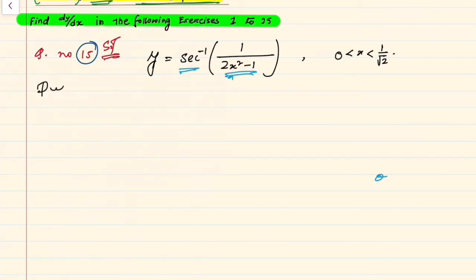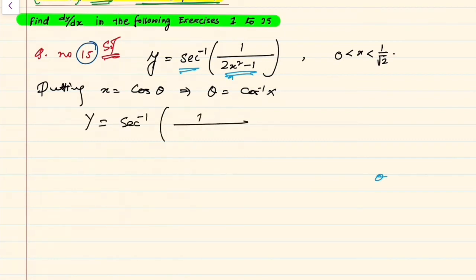Putting x is equal to cos theta, which implies theta is equal to cos inverse x. So y is equal to sec inverse of 1 by (2 cos square theta minus 1), that is sec inverse of 1 by cos 2 theta.